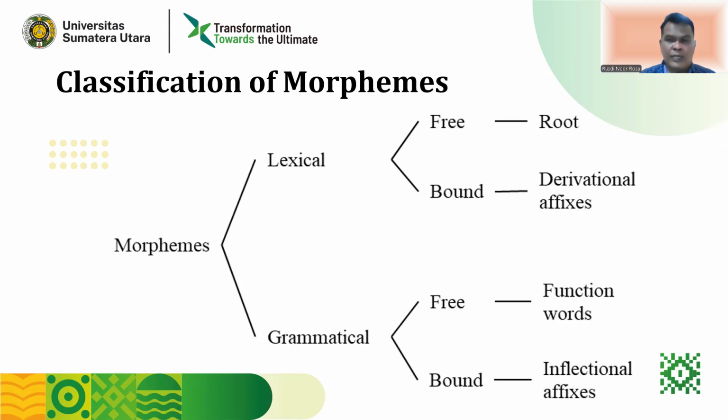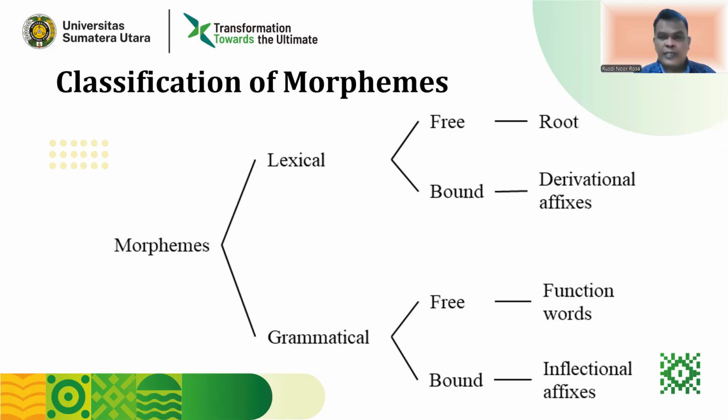Meanwhile, grammatical morphemes have nothing to do with the enrichment of vocabulary in a certain language. Grammatical morphemes are only used to fulfill the grammatical needs of a structure. It means that in this context it is a word structure.